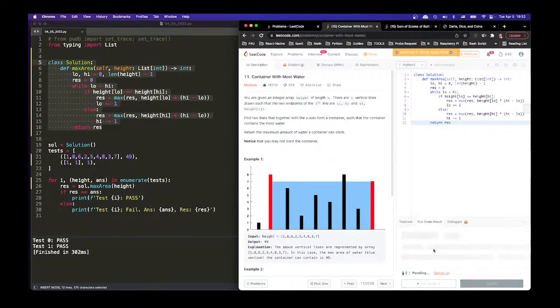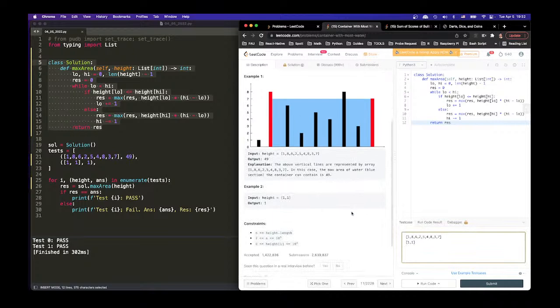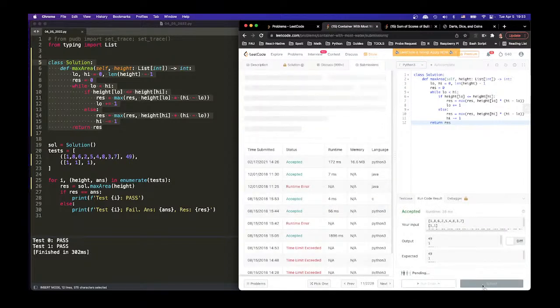We can throw in another one, just for fun. Doesn't matter. I think that is the way to go.